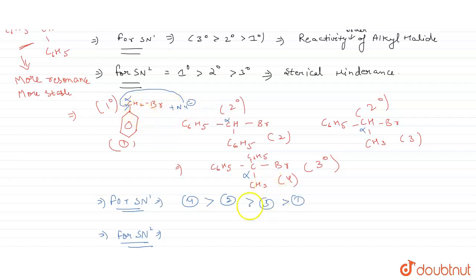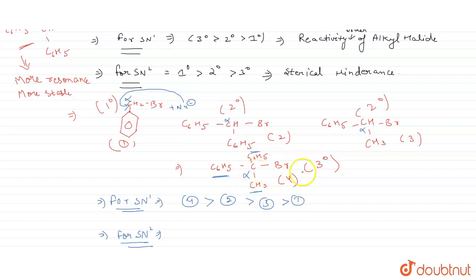In case of a 3 degree alkyl halide, there are 3 big groups attached with this alpha carbon, that is C6H5, C6H5 and CH3. So it is difficult for the nucleophile to attack this carbon from the back, because these other groups will try to stop the nucleophile from attacking this alpha carbon.